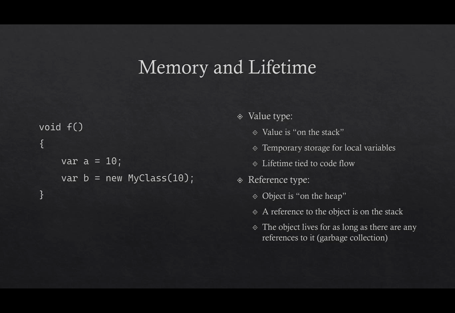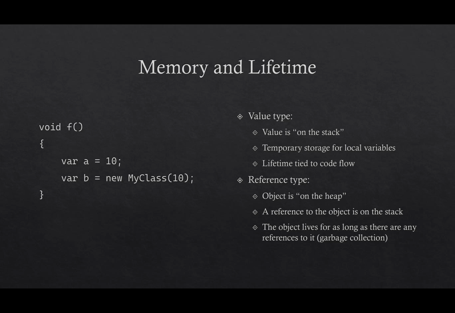The difference between how these are represented in memory is that the value type for a local variable is stored directly on what's called the stack. The stack is just an area of memory that's used for local storage of methods as they're called. When your program starts executing, or when a thread within your program starts executing, the operating system creates an area of memory called the stack that is used for local storage.